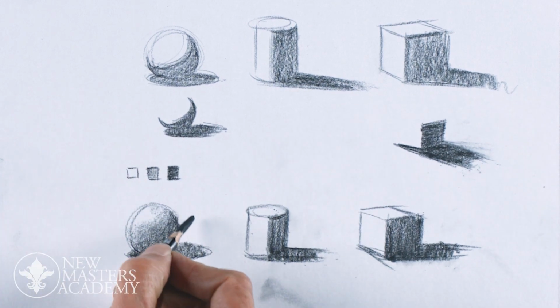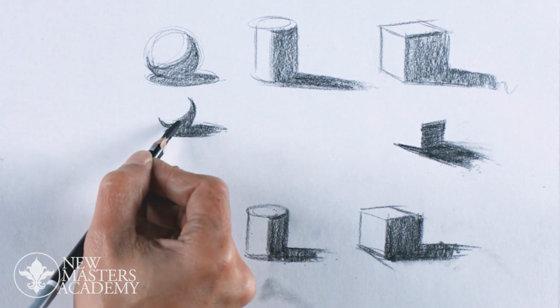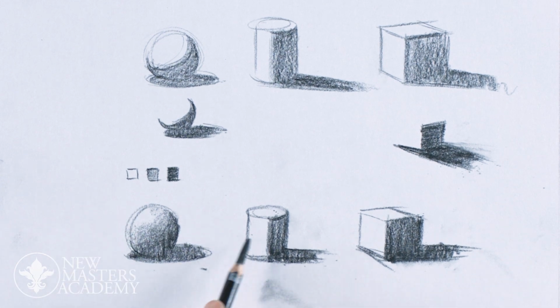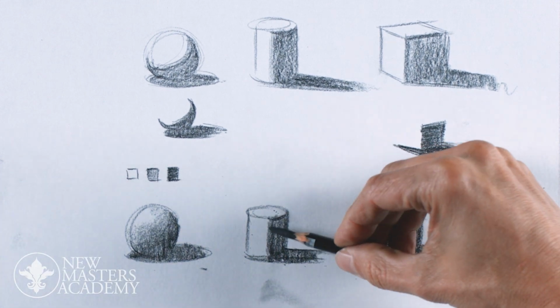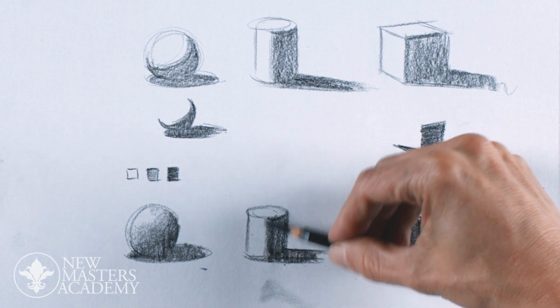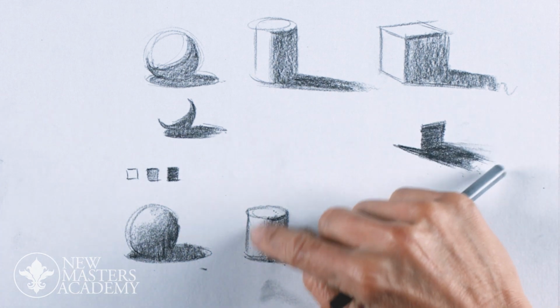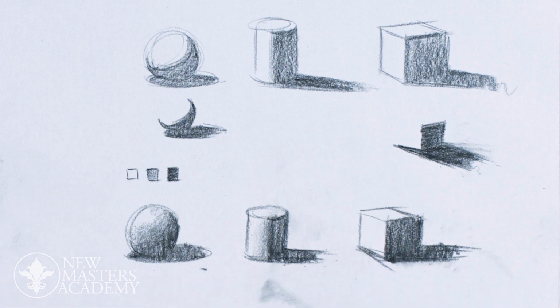So you see how it starts to go from flat, now it starts to curve, you see that? Now see here, this is flat. It's almost like a box, right? The front face of the box, and then goes right into light. But when we add the halftone, we start to turn the form. Now it becomes a more rounded form, you see that? So that's one way to think of halftone.